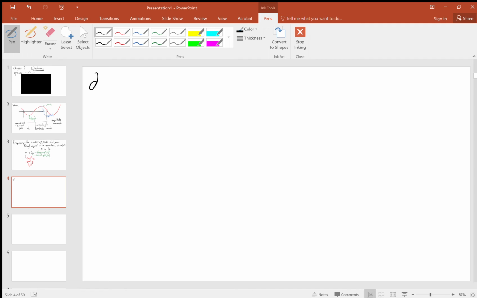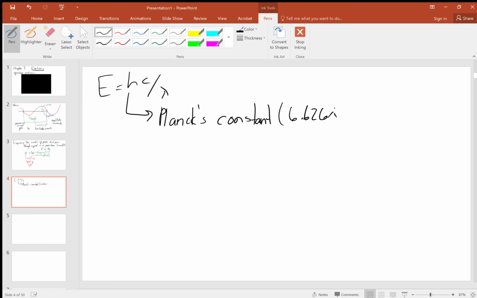But it ended up going a step further. It turns out we can actually relate the energy of any object to its wavelength, as E is equal to hc over lambda. c, again, is the speed of light, lambda is the wavelength, and h is known as Planck's constant, and has a value of 6.626 times 10 to the minus 34th joules times seconds.